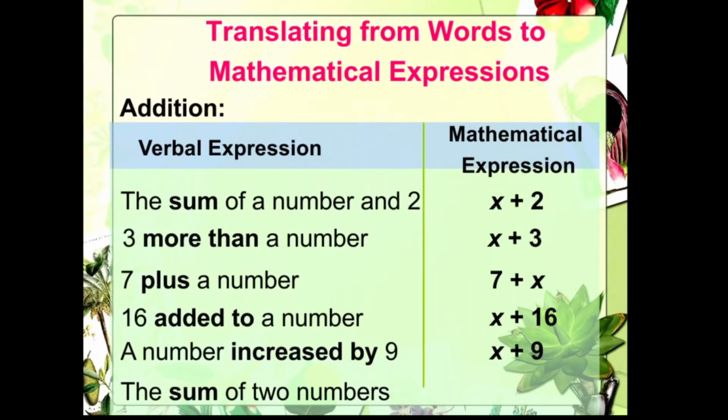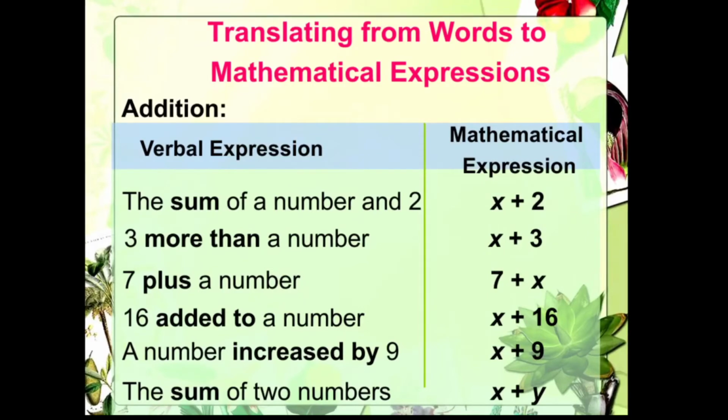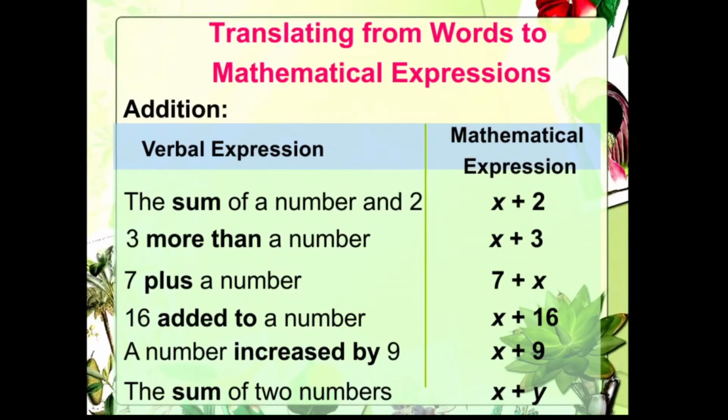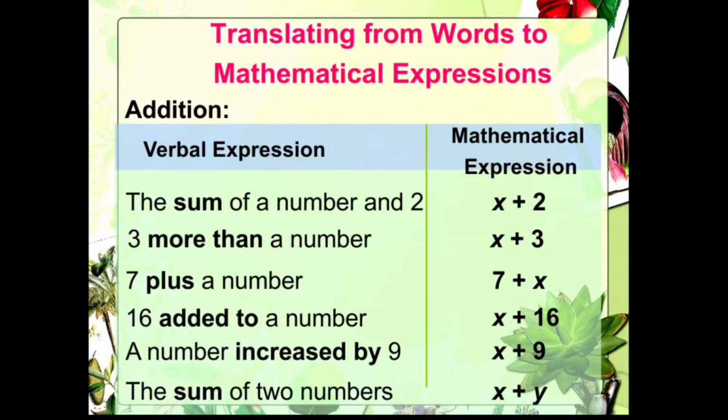So in this case, we have two unknowns, so we will use two letters. For instance, x and y. So x plus y, the sum of two numbers. We can use a and b and c, and so on and so forth. So we have to use two letters because there are two missing numbers.